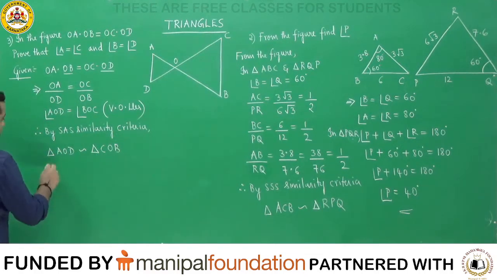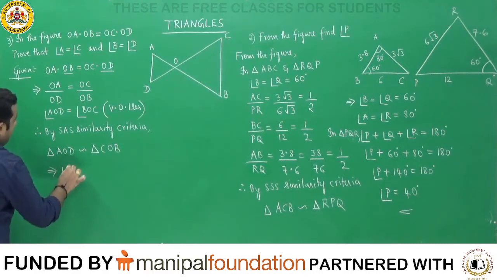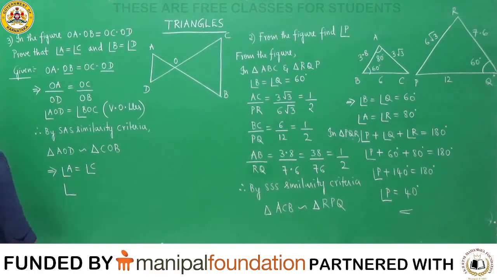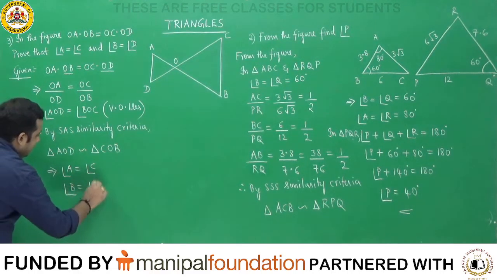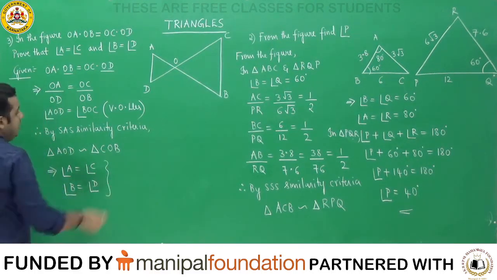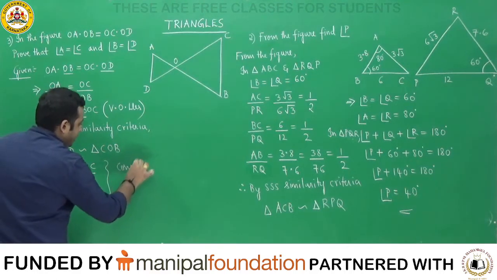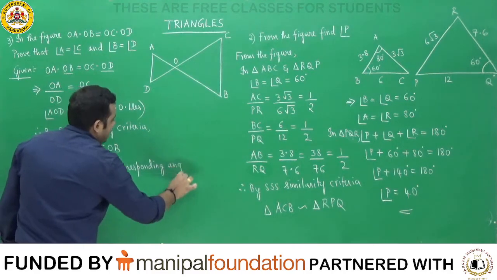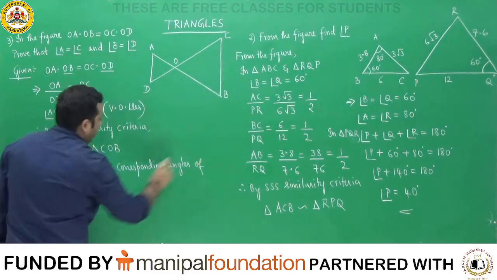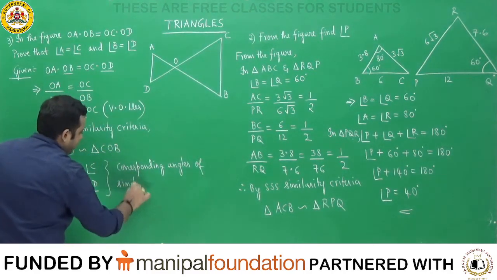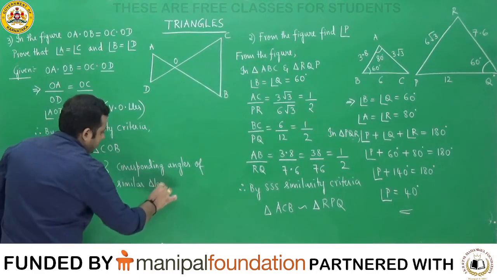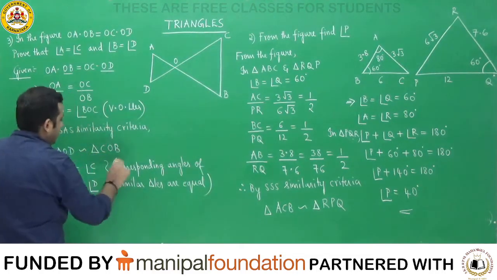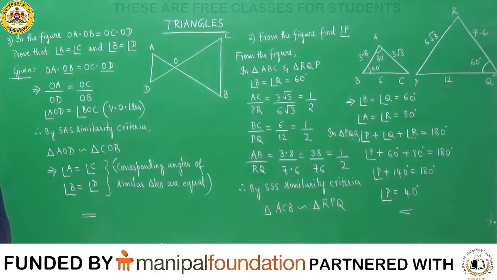This implies to me that angle A should be equal to angle C and angle B should be equal to angle D. The reason being, corresponding angles of similar triangles are equal. Do you follow? Hence proved.